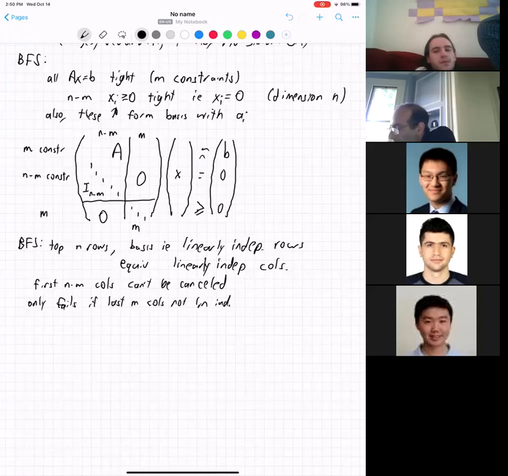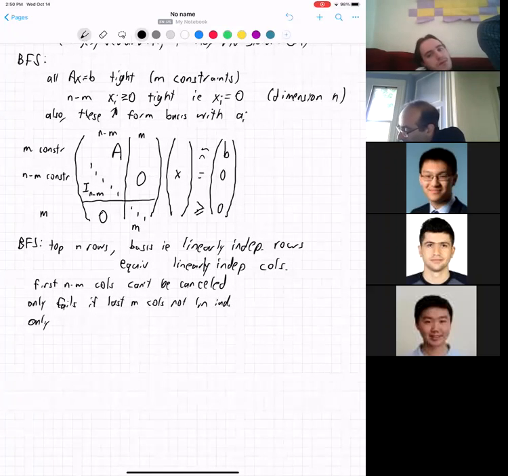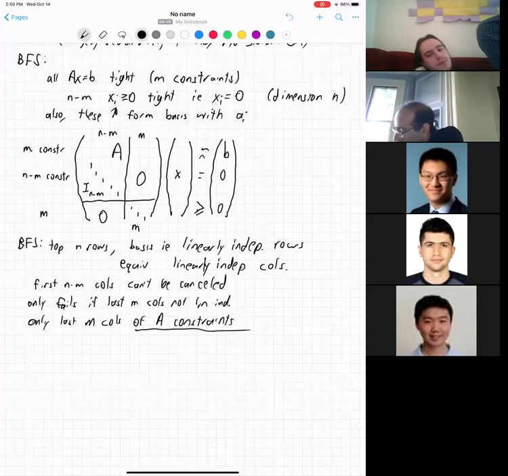So really all that matters is the last m columns of the A constraints.